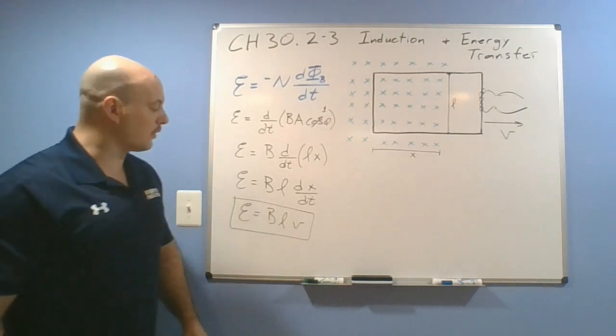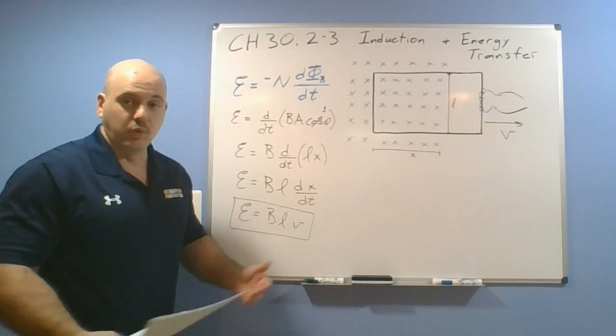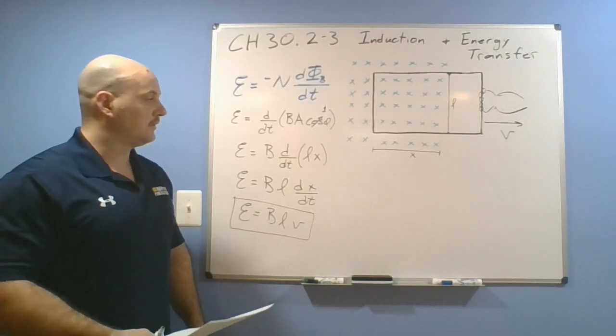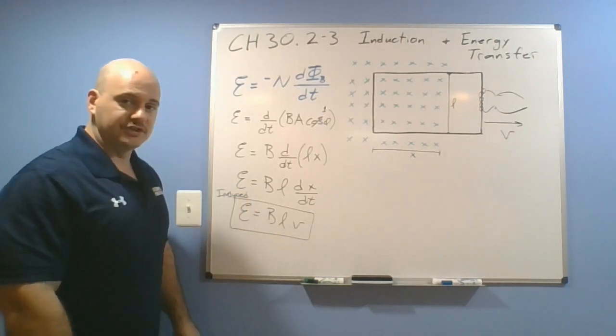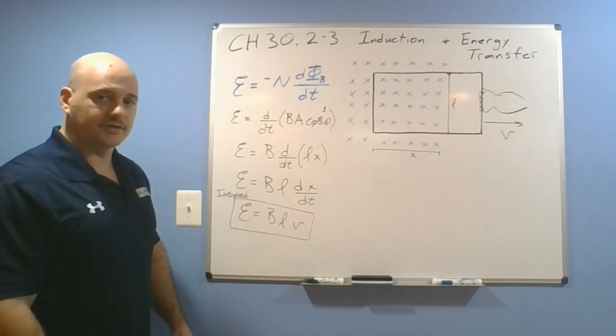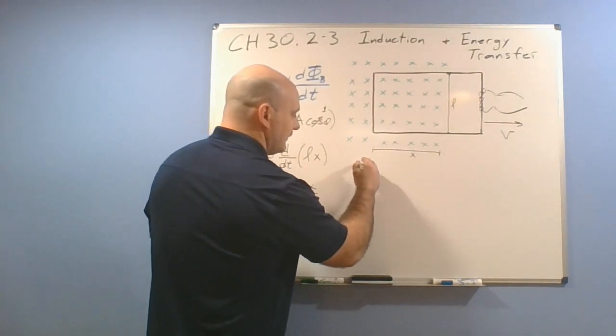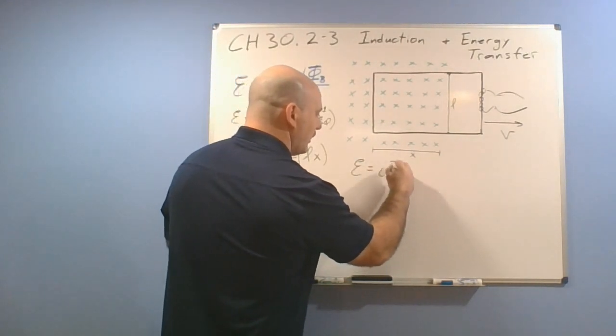Okay, so we can do some more work with that. The next thing I want to talk about is what is the current itself, right? There's our induced EMF. We'll have an induced current associated with that EMF. We know by Ohm's law that the EMF is equal to IR.